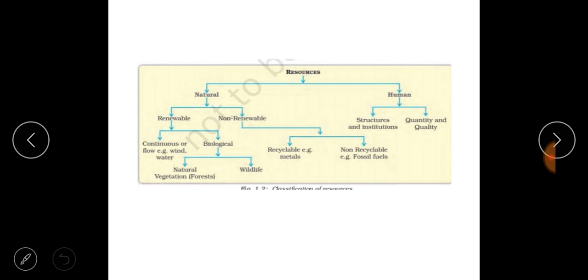Renewable is further divided into continuous flow, for example wind, water, etc., and biological resources. Biological resources are the natural vegetation, such as forests and wildlife. Non-renewable resources are recyclable, for example metals, and non-recyclable, that is the fossil fuels.